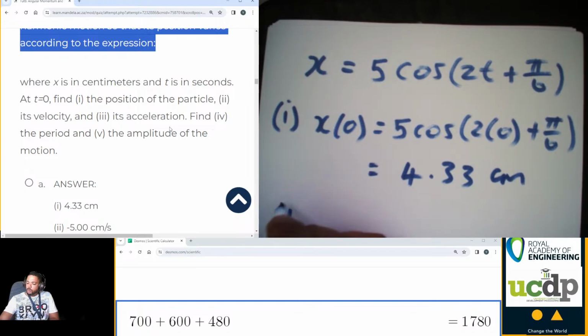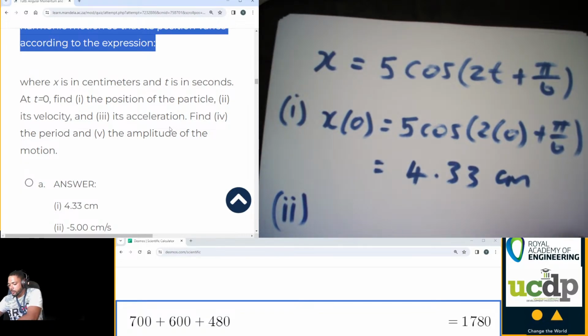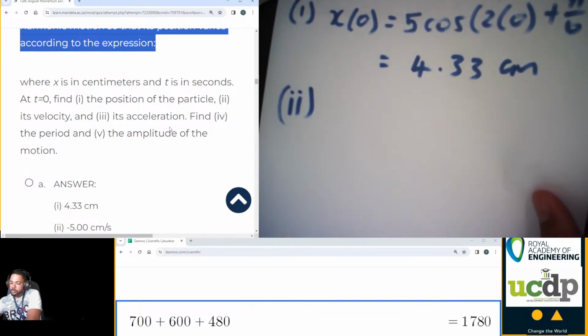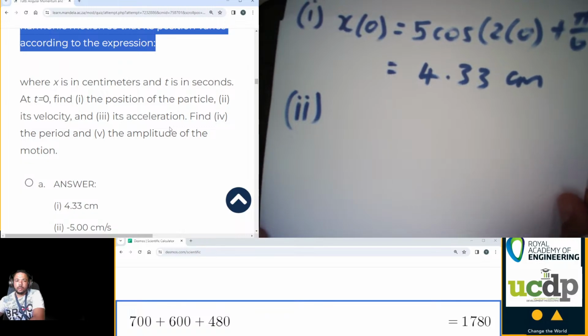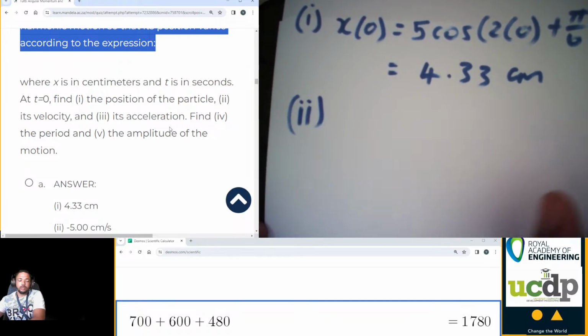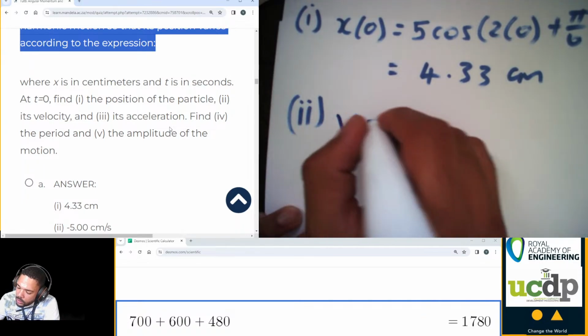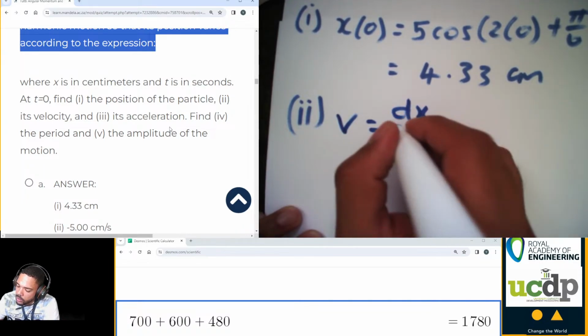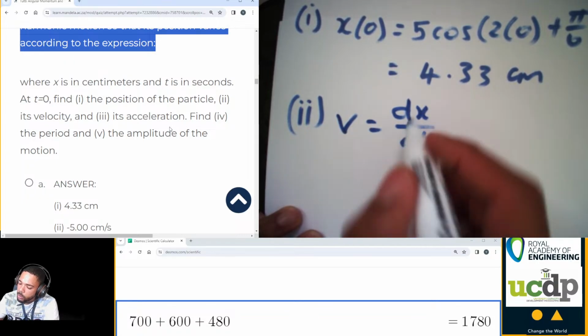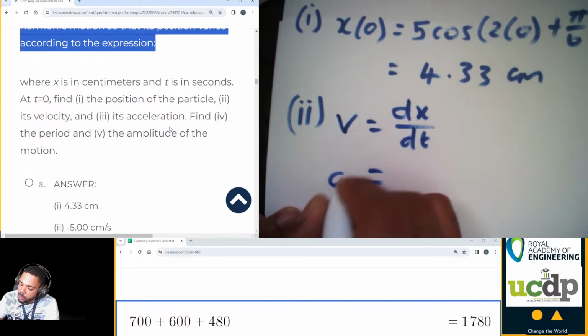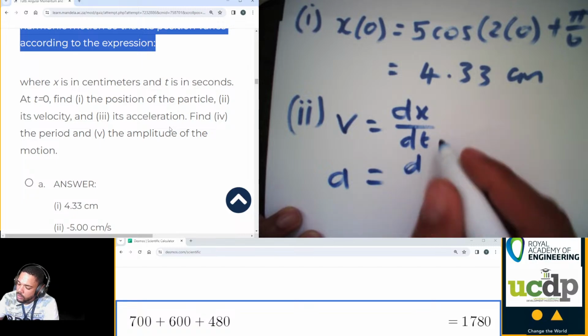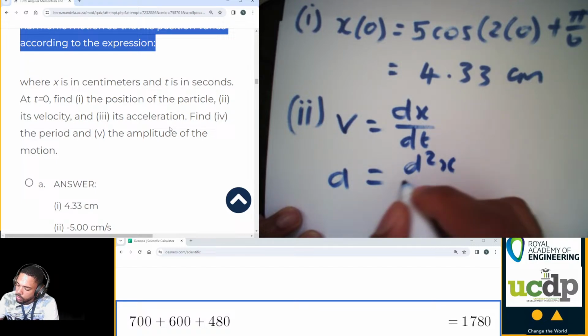Question number 2. The second question asks for the velocity. Now, what is velocity? We know that velocity is just the derivative with respect to time of the position, and we know that acceleration is the second derivative of position with respect to time.